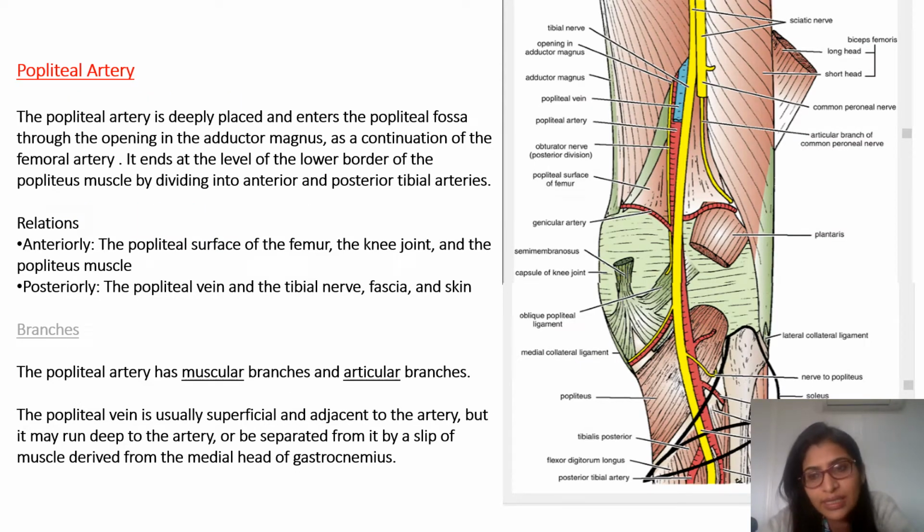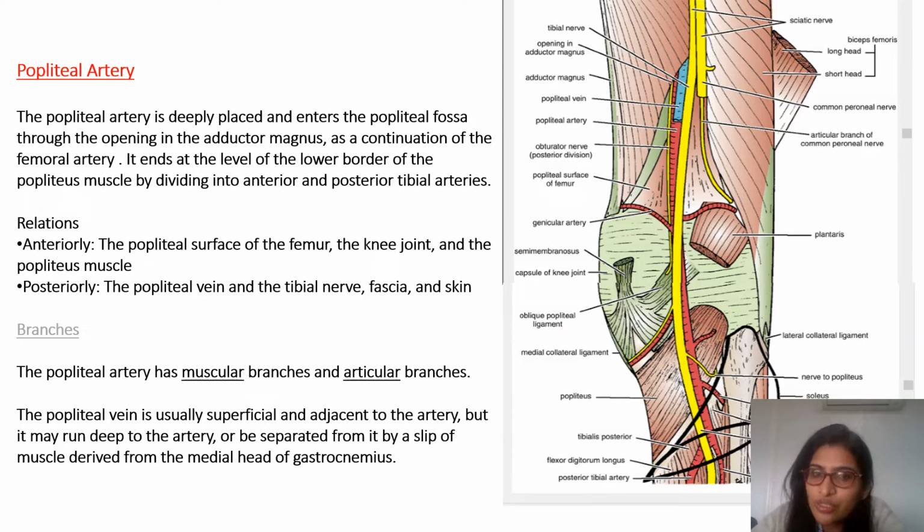Now we will take the contents one by one. So the first content is the popliteal artery, and this popliteal artery is deeply placed in the fossa and it enters the popliteal fossa through the opening in the adductor magnus. This is the adductor magnus which you can see, and the entry of this popliteal artery is very well visualized.